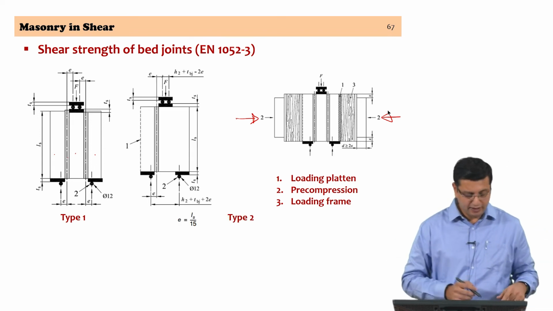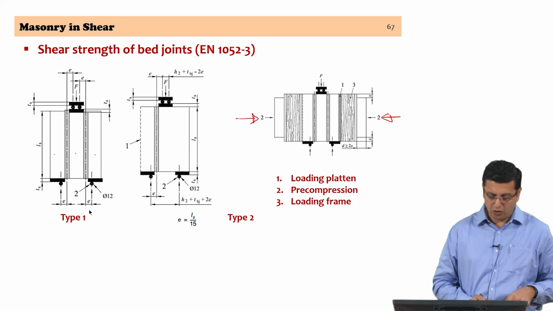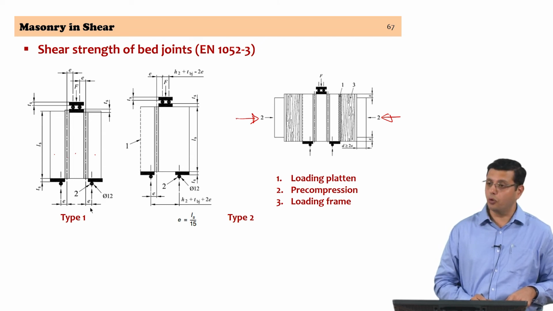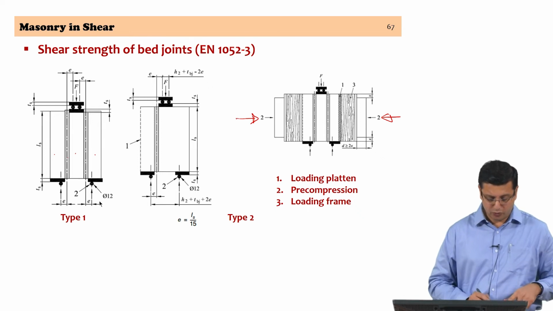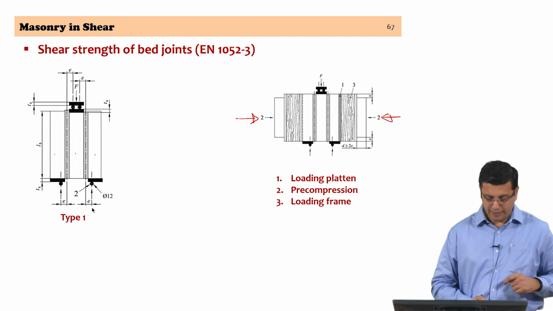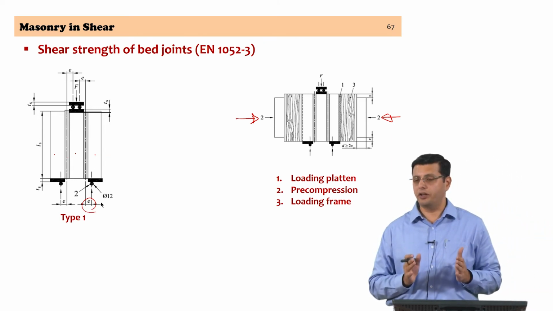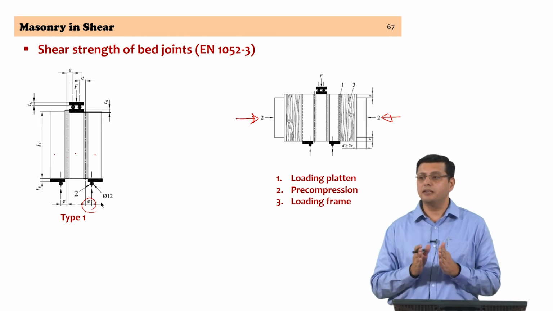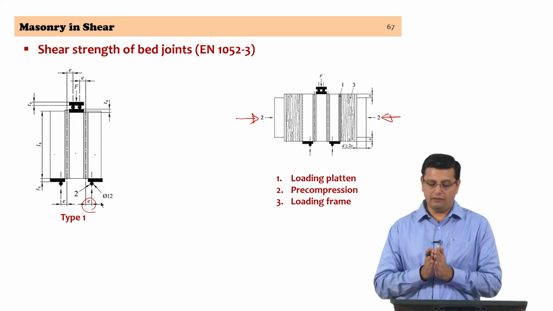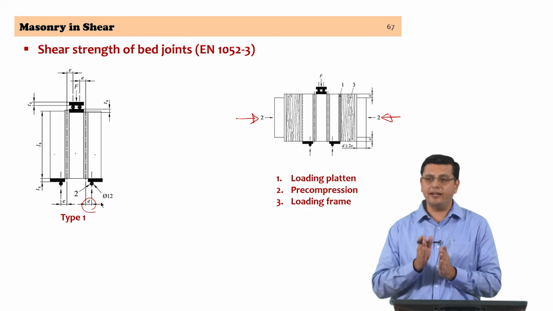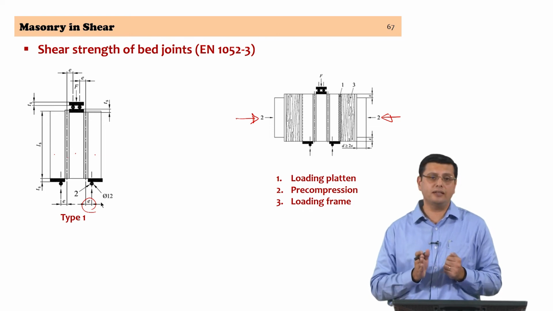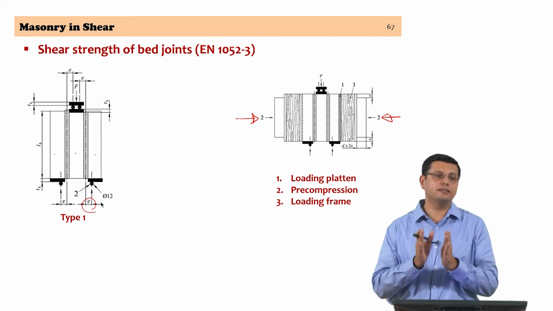As you can see, it is important to have control on the eccentricity of loading. If you can see both type 1 and type 2, I will come to type 2 in a moment. If you look at type 1, you can see that it is important to have a limitation on the eccentricity of loading, because if there is going to be significant distance between the line of action of force and the line of support, you are going to have additional moments acting on the joint.